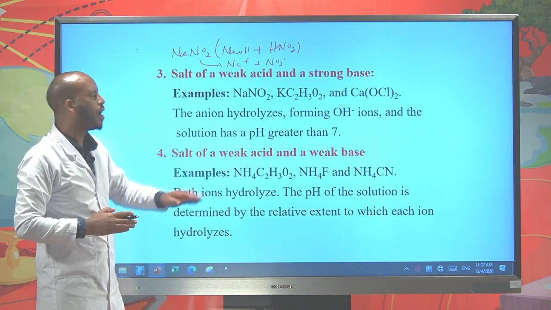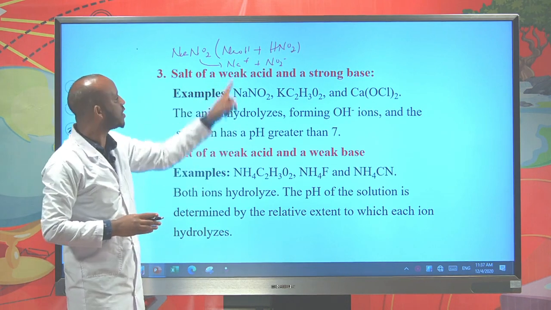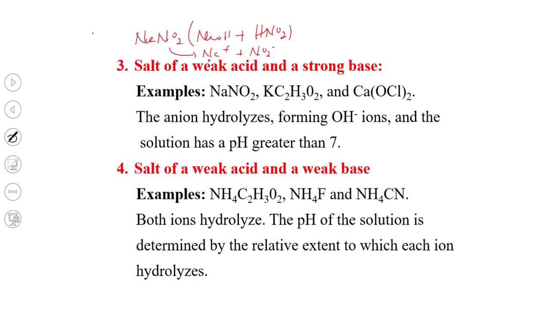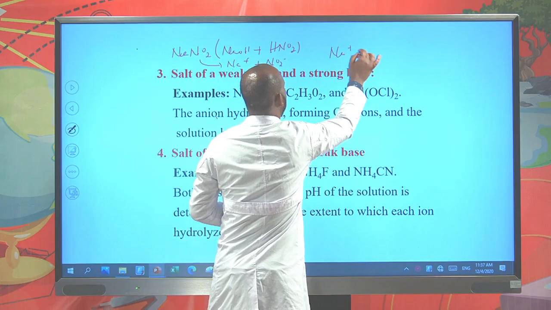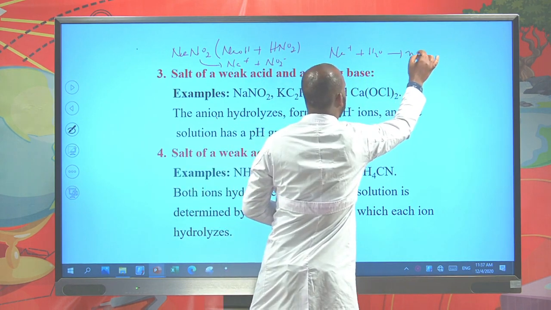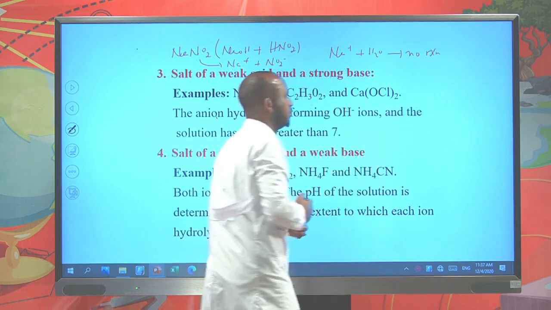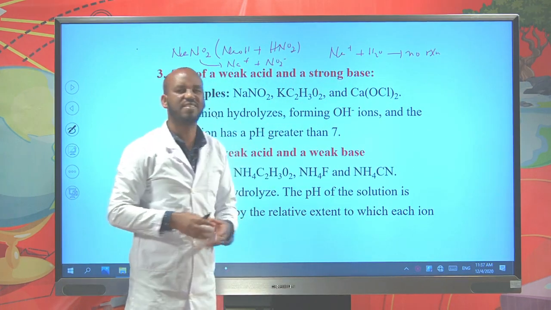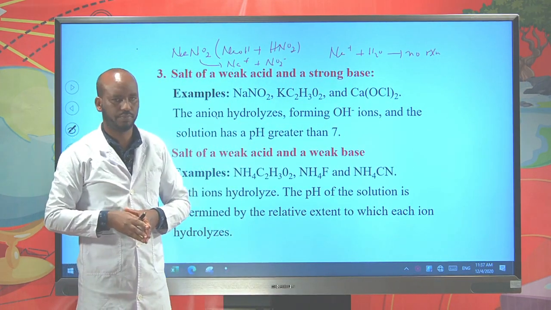As we said, hydrolysis of a salt is the reaction of ions of the salt with water to produce hydronium or OH minus. Sodium plus and water, H2O liquid: no reaction, no appreciable reaction, because sodium plus is neither acidic nor basic, it is neutral.